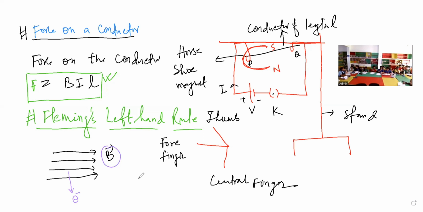While applying, again we need to apply the left hand, which means the left hand will go like this, and this one is the magnetic field on the right hand side. An electron is coming down, but the electron is not current, the electron is charge.